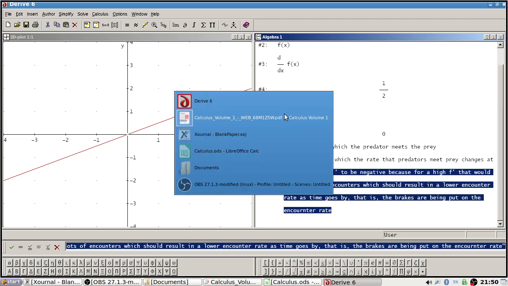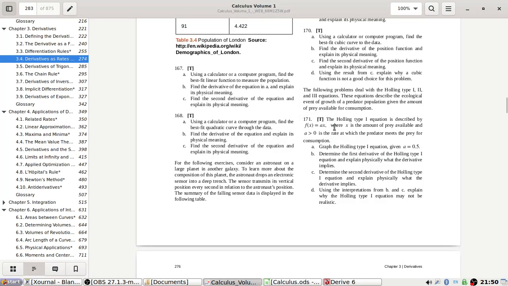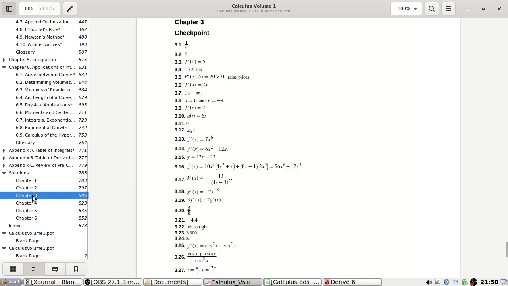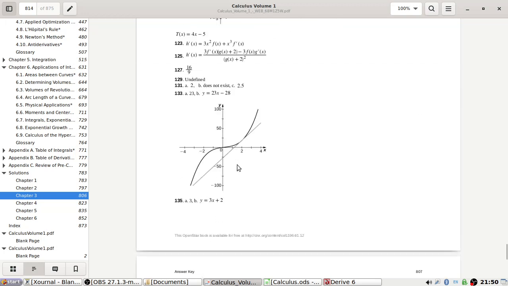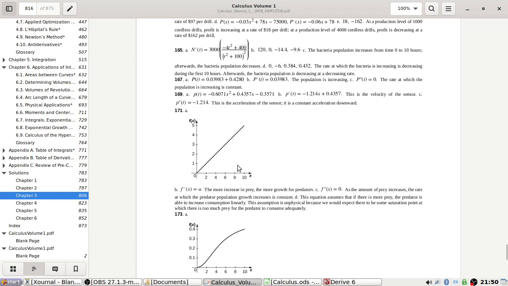Okay, let's see if we are okay with 171. This equation assumes that if there's more prey, the predators are able to increase consumption linearly. The assumption is unphysical because we'd expect there to be some saturation point at which there's too much prey for the predator to consume adequately. Yeah, okay. Yeah, that's true too.